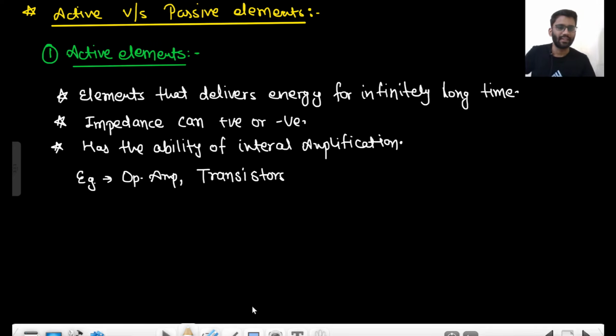You will eventually understand everything when you study these elements. In network analysis, we will mainly study the passive elements, and in analog electronics, we will study the active elements: transistors, op-amps, and everything. Okay, understood?